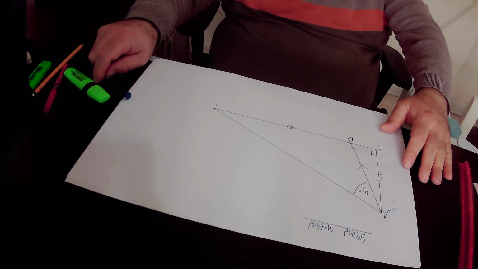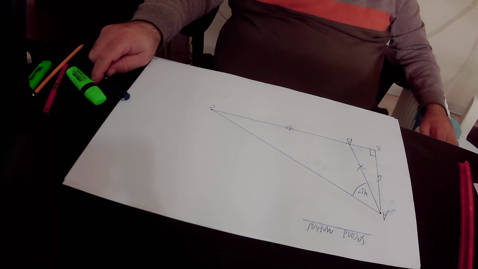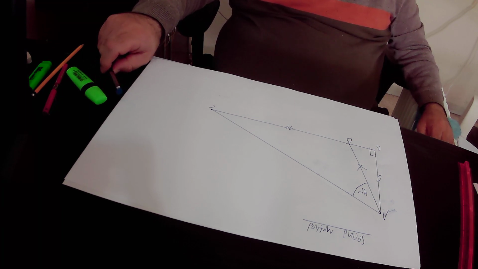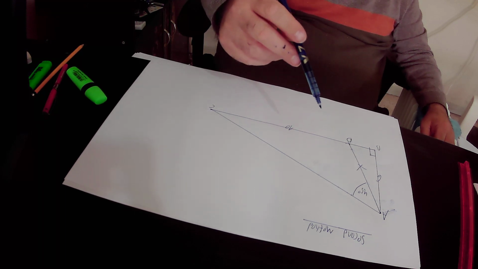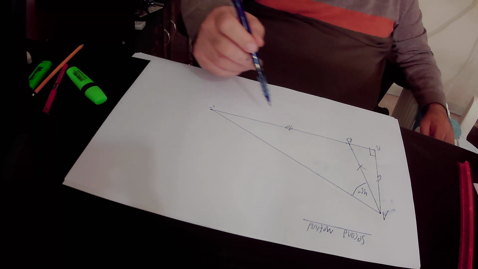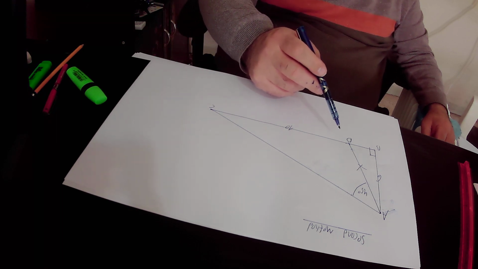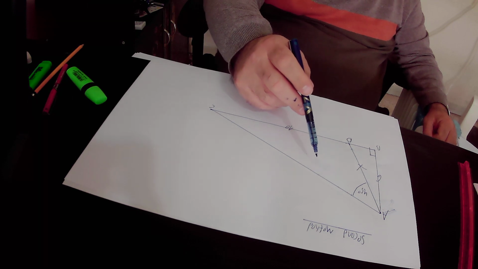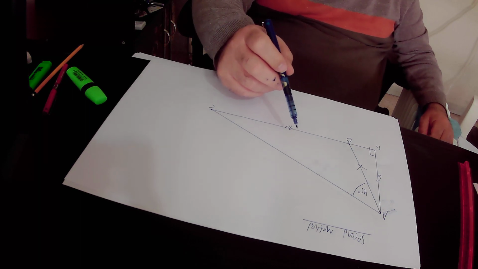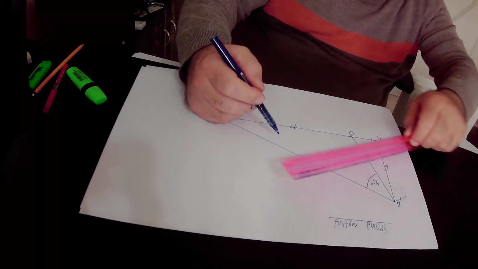In the second method, we will do another construction. From point D, we will draw a straight line to AC in such a way that the angle that will be created will be equal to 45 degrees.